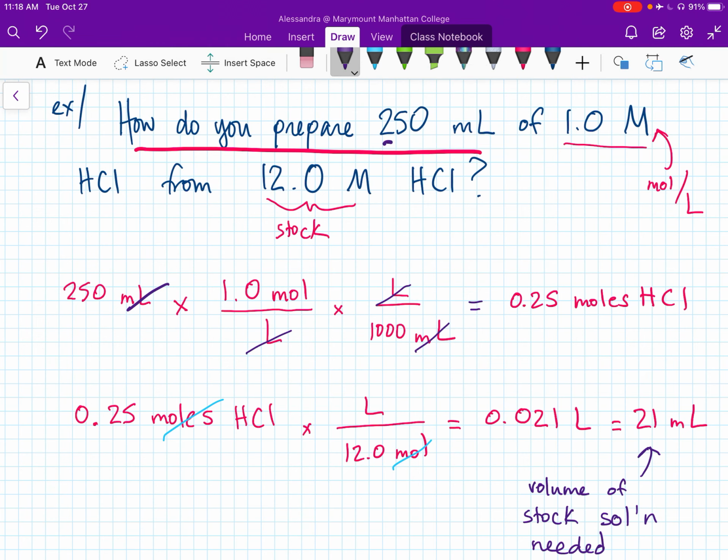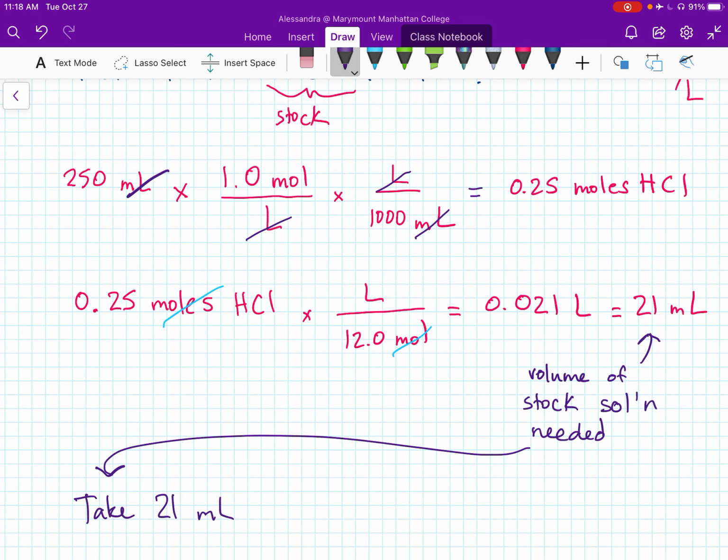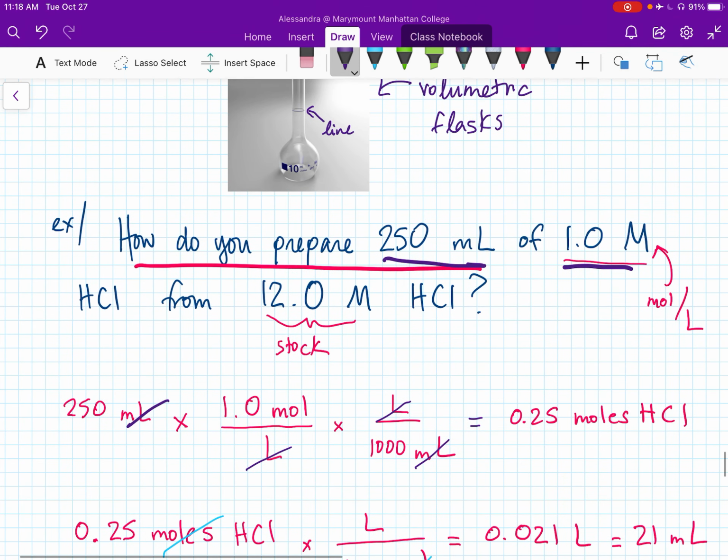We want to make 250 milliliters of a more dilute solution. So what we need to do is take those 21 milliliters of the 12 molar HCl, and I want to dilute it to 250 milliliters.